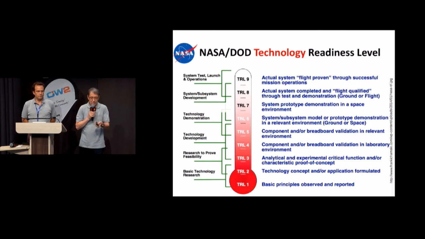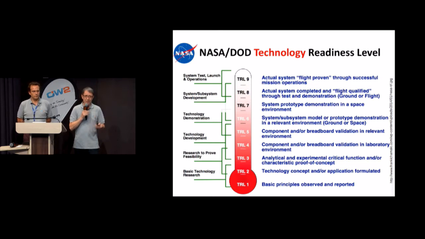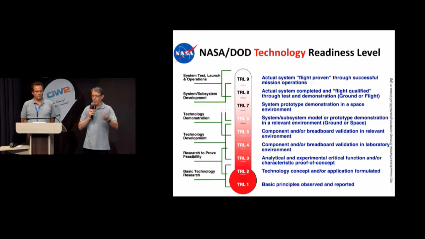At the bottom you have the basic principles observed, then the technology concept is formulated, and at the top you have the thing that has been flight proven. So it's the piece of space artifact that went in orbit and came back if it had to come back, but that is operational and that they are planning to reuse.